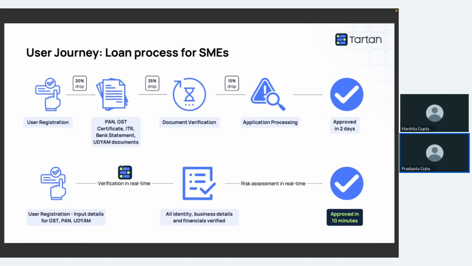Then after that, they might have to upload a lot of different documents, say their bank statements, their GST certificate, and then those details have to be manually verified by someone. And the entire process again takes up to 2 days, or even up to 10 days.